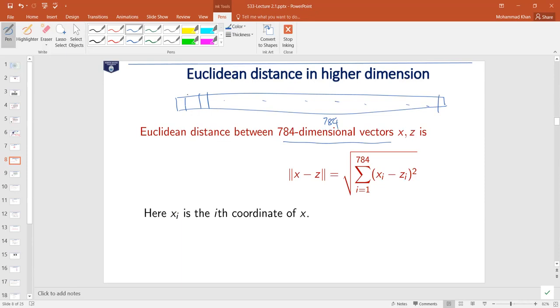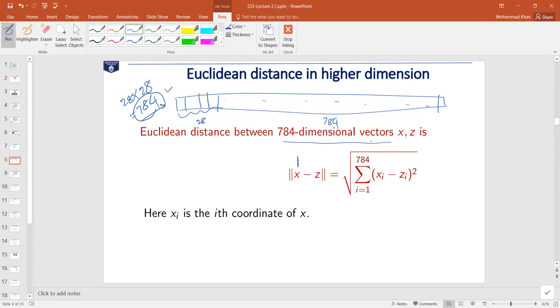So basically all the 28 rows, and each row contains 28 numbers. So basically 28 by 28 equals 784 numbers, and we have 784 different numbers to represent an image. That means our data set has 784 dimensional vectors.